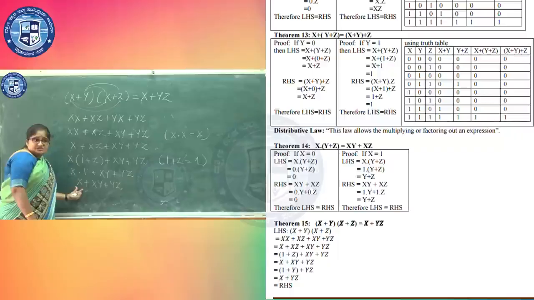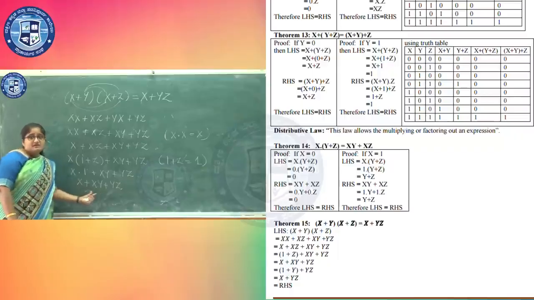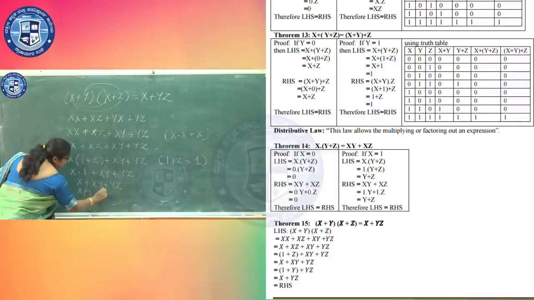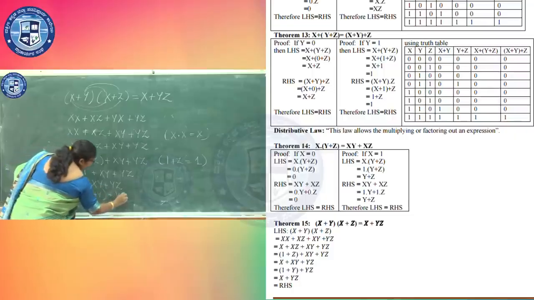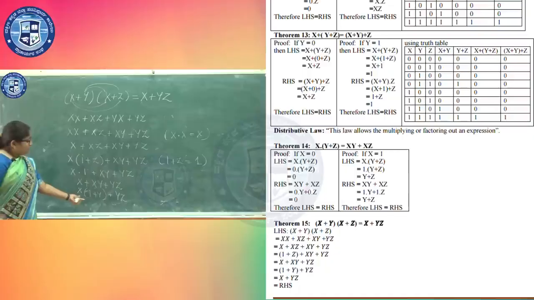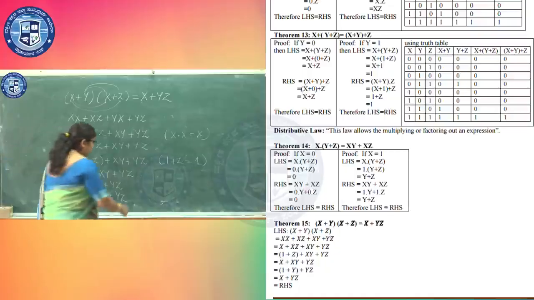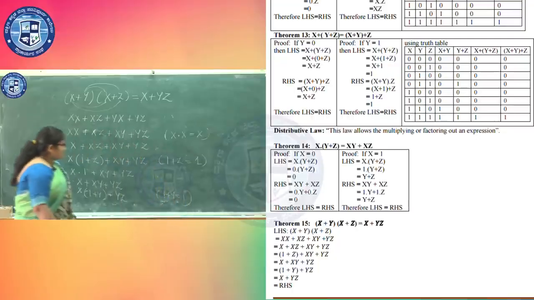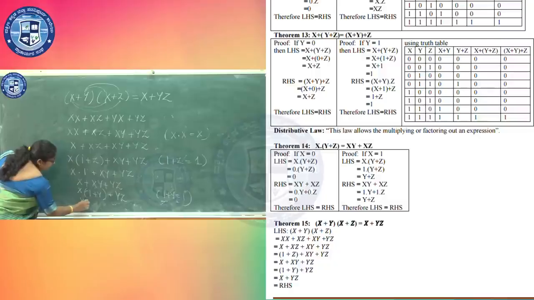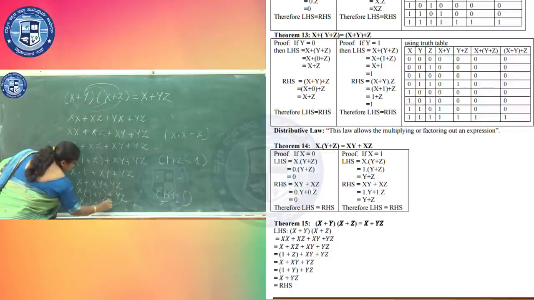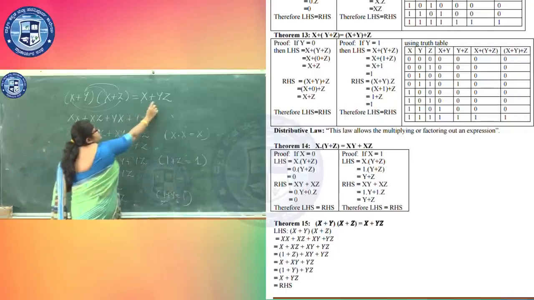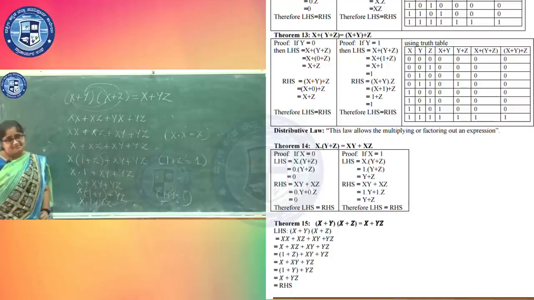Again we got two terms here, x plus xy. Here x is common. If I take the value x outside, 1 plus y is left out and yz is there. So 1 plus y is nothing but 1 again. So x into 1 plus yz, and that is equivalent to x plus yz.